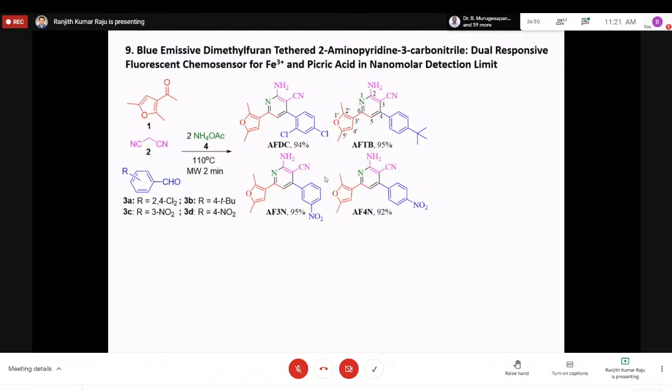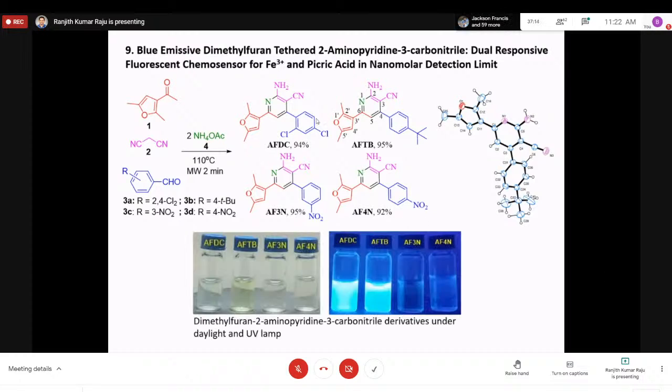In this case, we used acetylfuranone as one of the reactants, and we did the same reaction and made 4 different compounds. Of course, the structure was illustrated by single crystal X-ray.